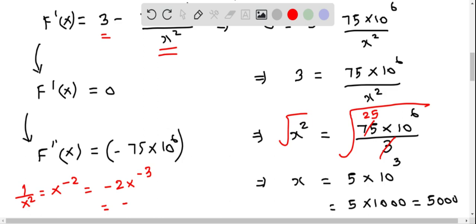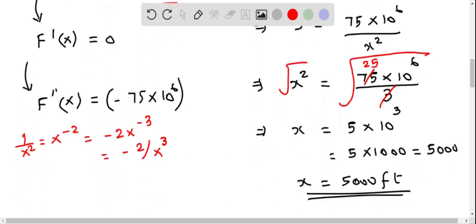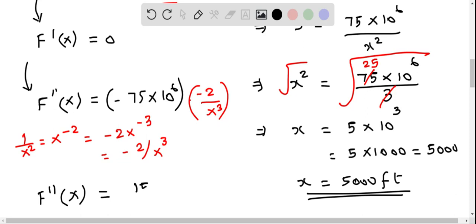So therefore this is equal to minus 2 by x cube. So which means I plug in minus 2 by x cube over here. As you can see that we have two negatives, so therefore this will become a positive quantity. So we get second derivative as f double prime of x equals positive 75 times 2 is 150 times 10 power 6 divided by x cube.